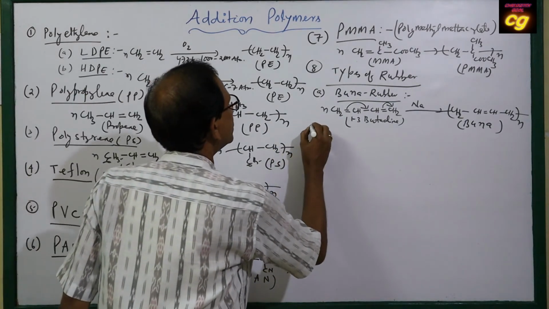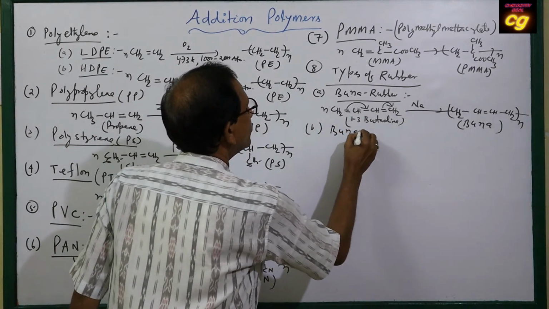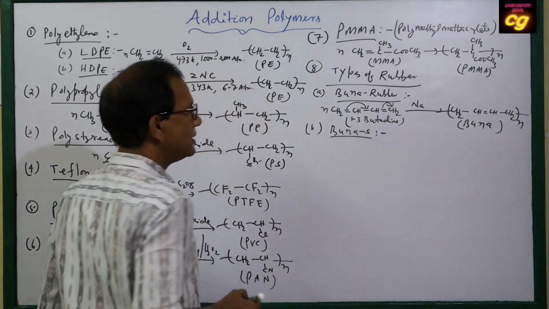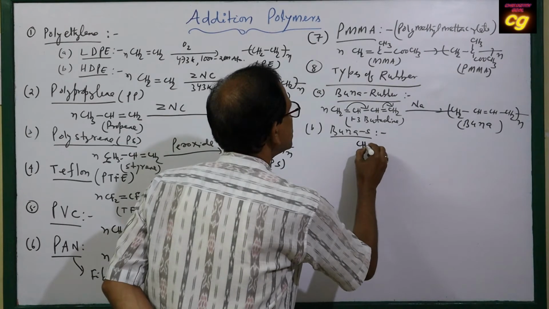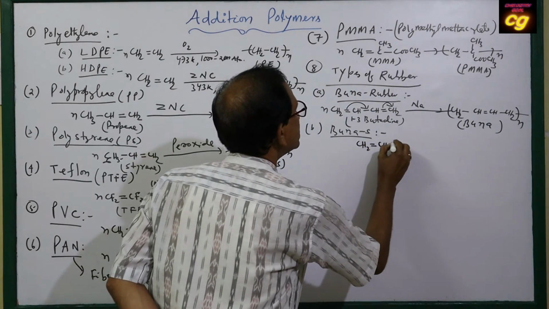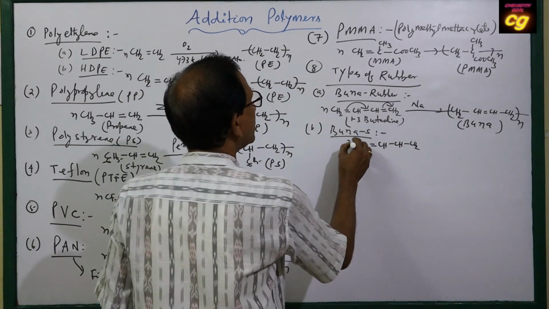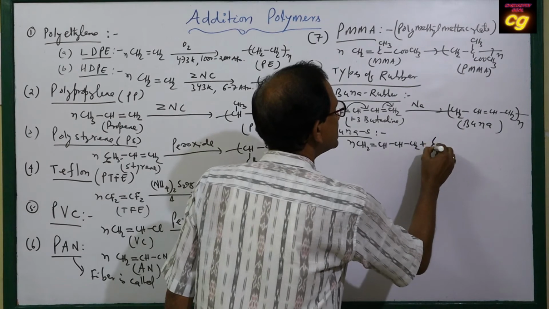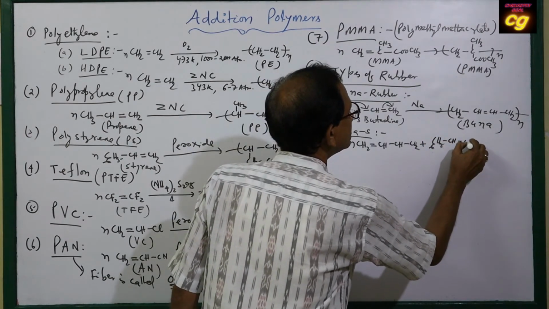Another rubber is Buna S. Buna S rubber is mainly prepared in this way. Same, CH2 double bond CH, single bond CH, CH2, n number of 1,3-butadiene. S means styrene, C6H5, CH double bond CH2.